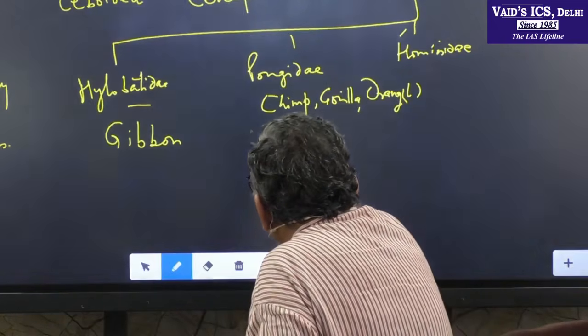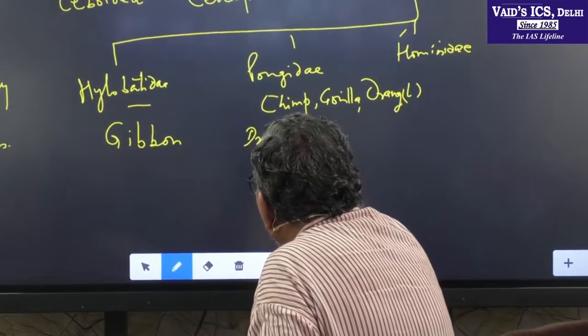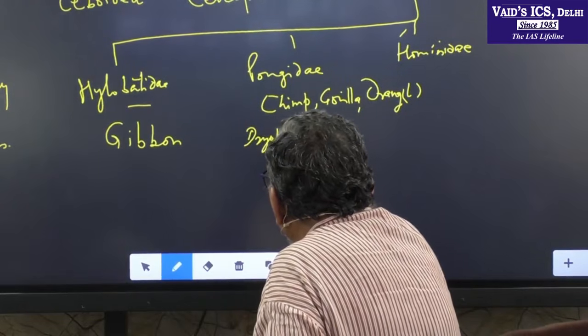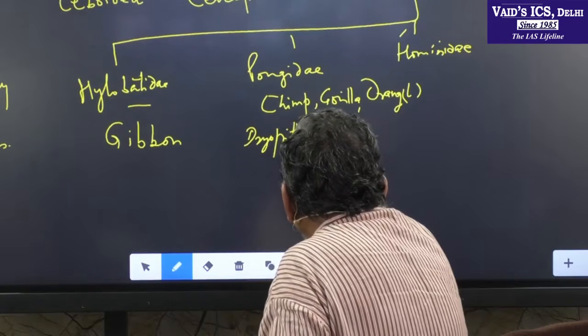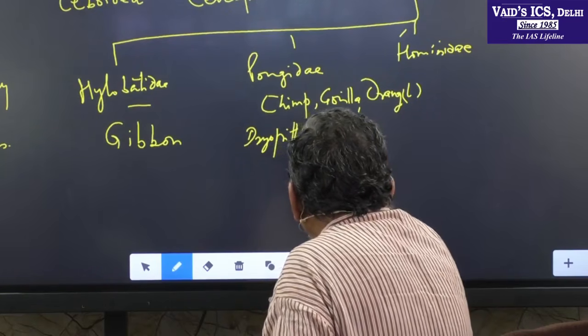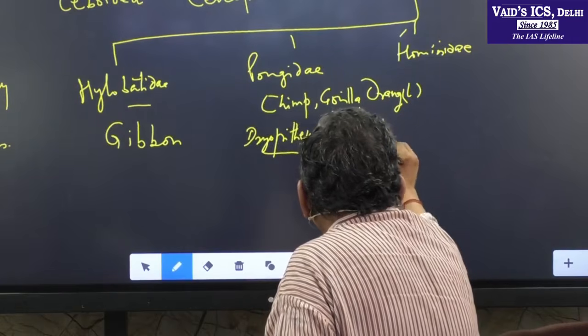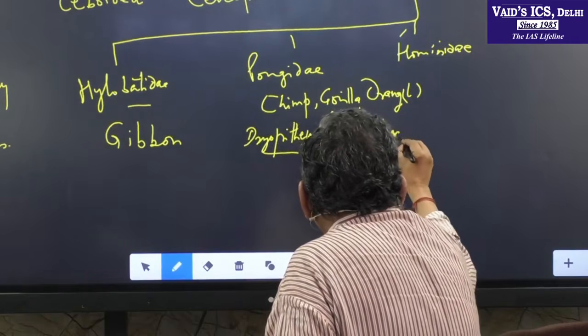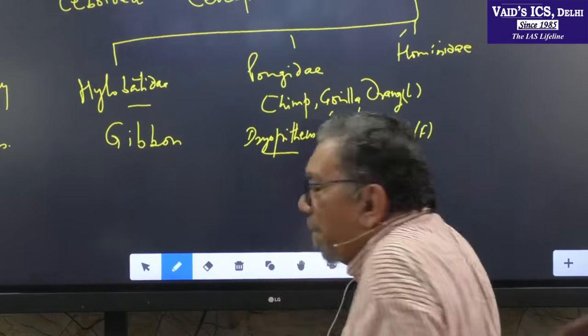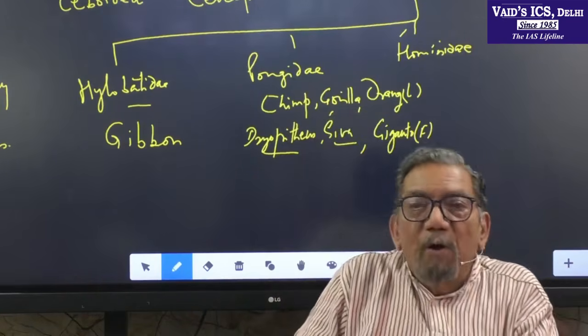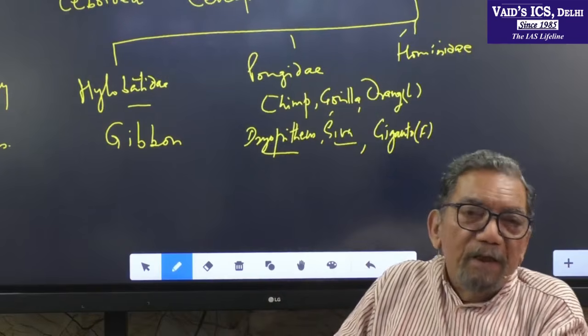We have Dryopithecus, Sivapithecus and Gigantopithecus, but they are fossil apes. They are not living. They belong to this family, but they are fossils.